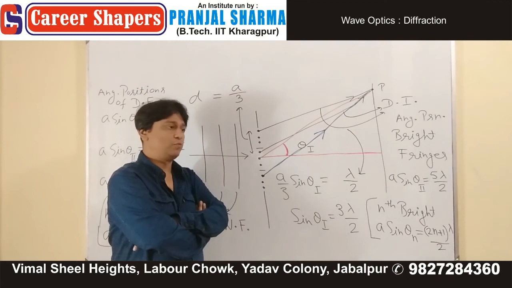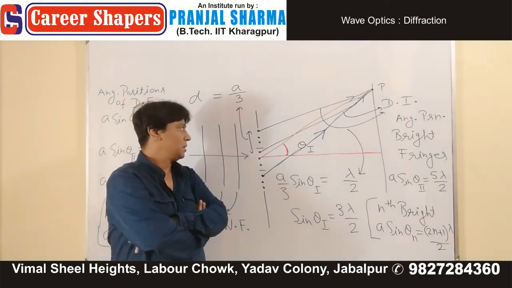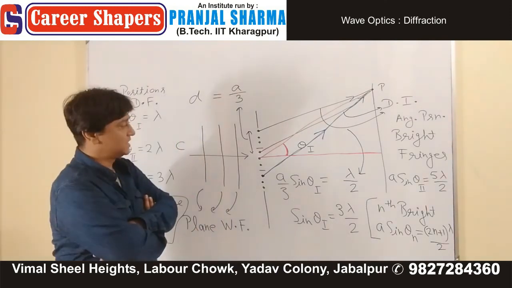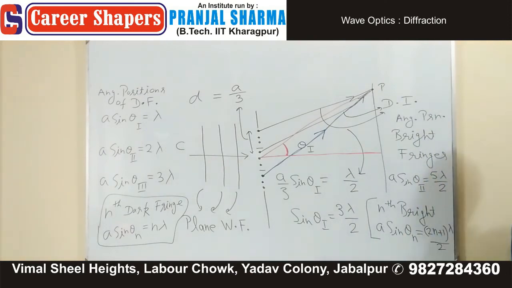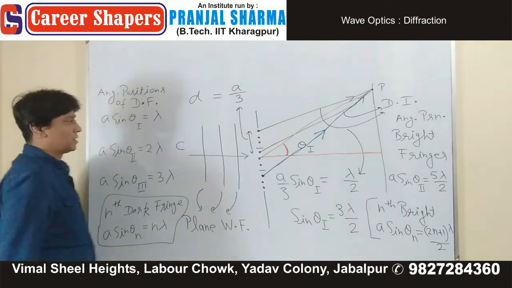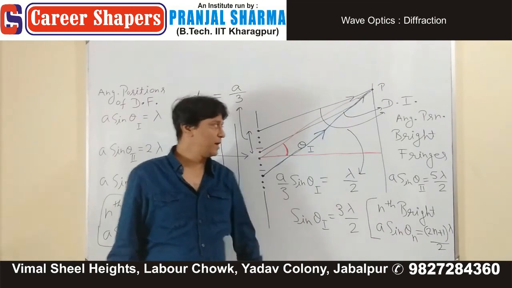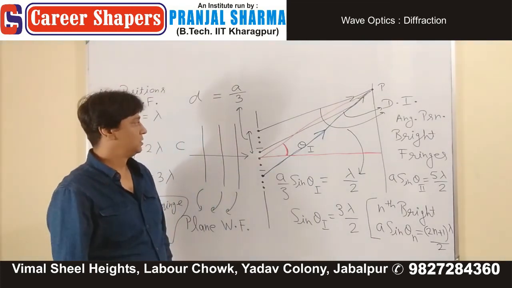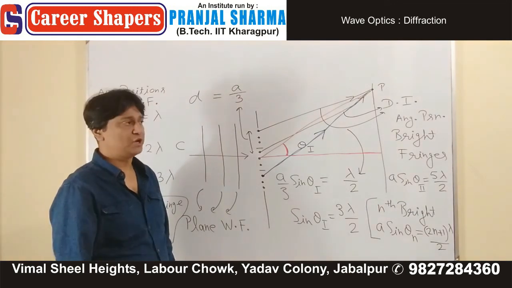The secondary sources of the first and second partition maintain a path difference of lambda by 2, thus cancelling out each other.